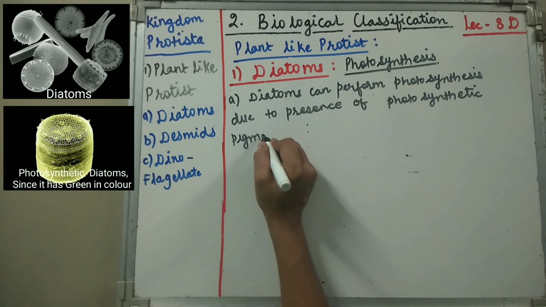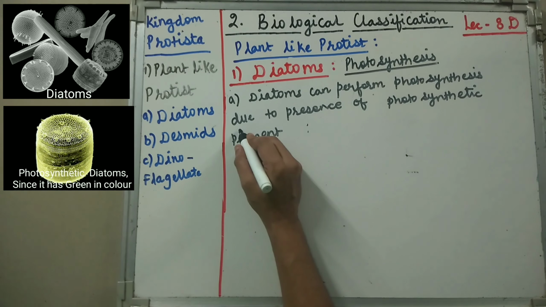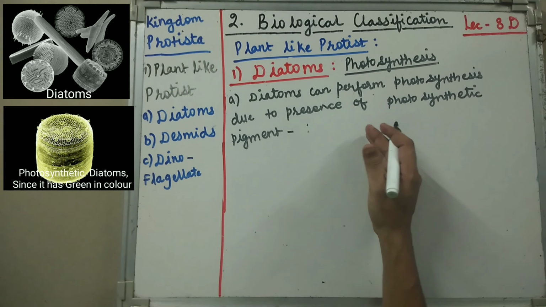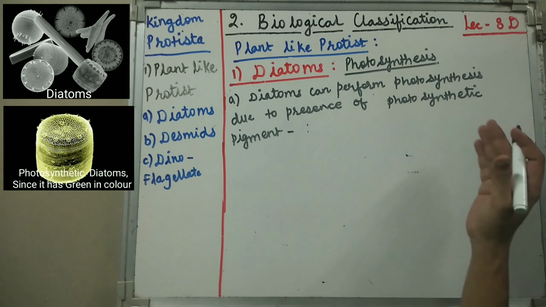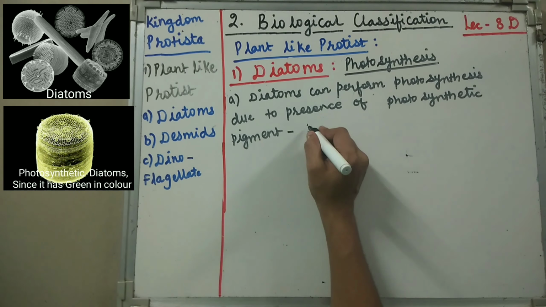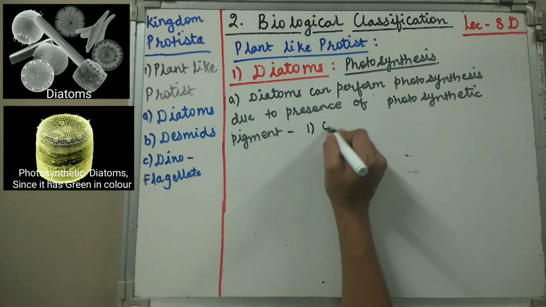So as you know, chlorophyll is one of the photosynthetic pigments that is going to help in the process of conversion of light energy into chemical energy. So the first pigment we can write here is chlorophyll A.